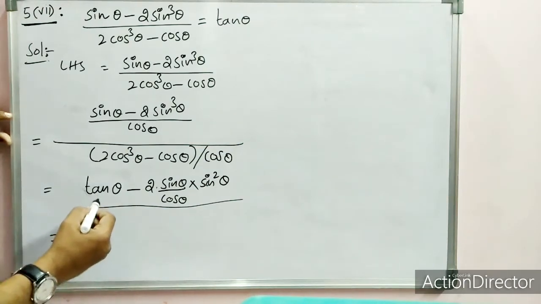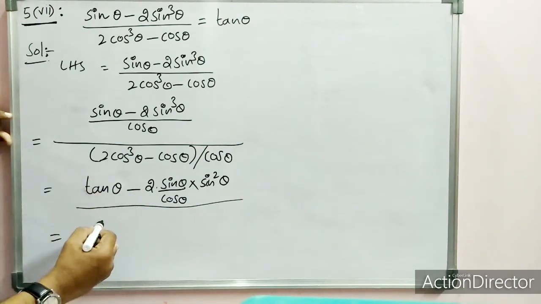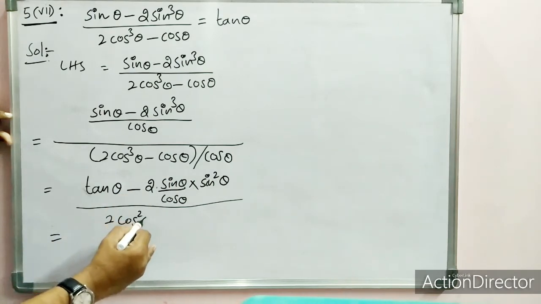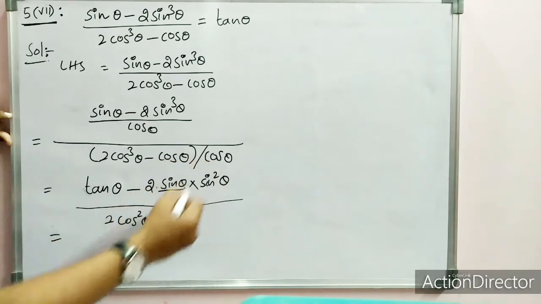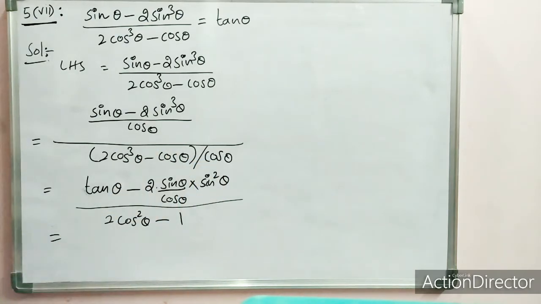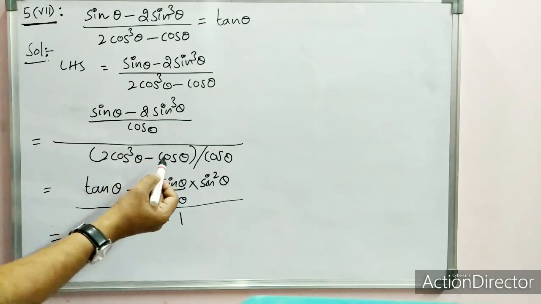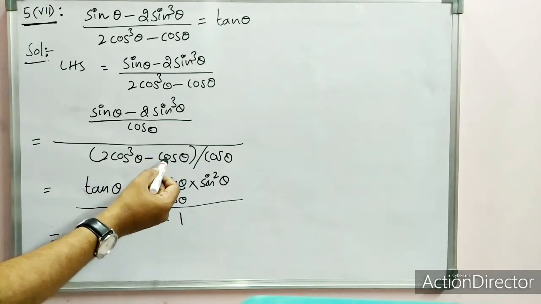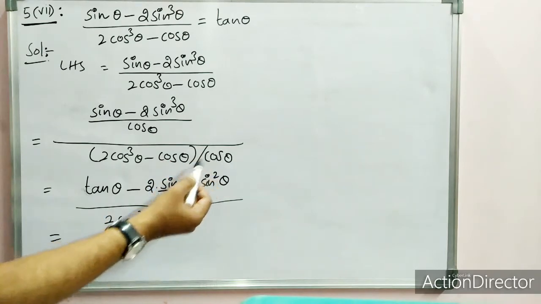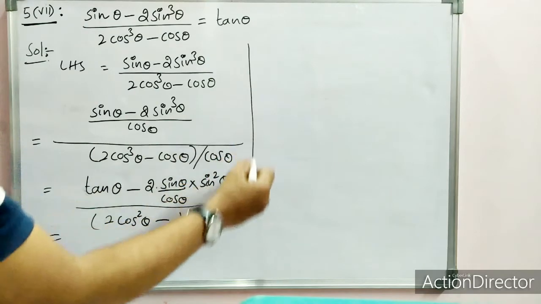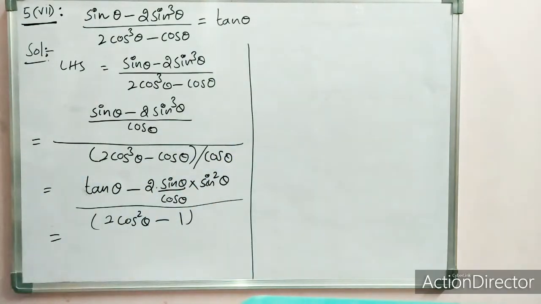Now, 2 cos cube theta by cos theta is 2 cos square theta, minus cos by cos will become 1. Cos cube by cos is 2 cos square theta, and cos theta by cos theta will become 1. Now check it once.